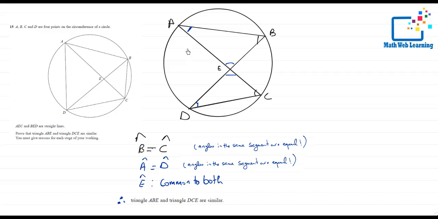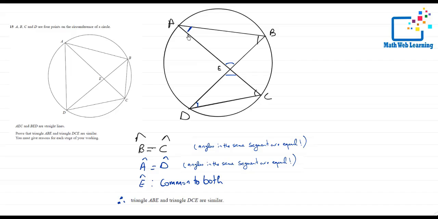So I went ahead and removed that side and that side. Now what we're left with is angles in the same segment, this one here, B and C. Can you see that in the same segment they are equal to each other? I narrowed down the reason: angles in the same segment are equal. So B to C is equal. Now we have the angle E, which is shared by the two, or common to both. And we also have another two angles in the same segment.